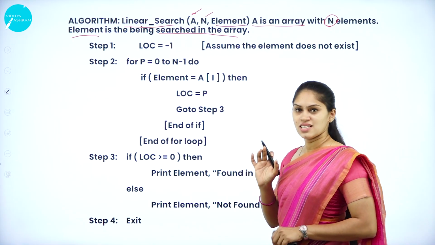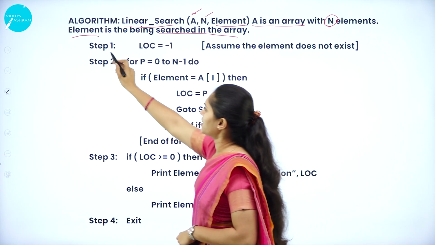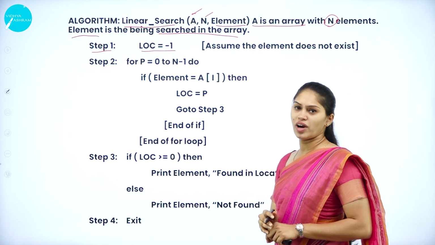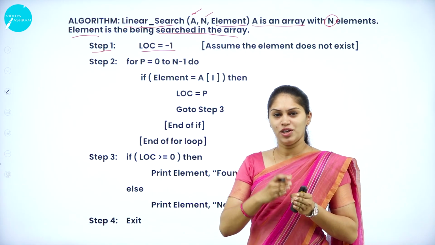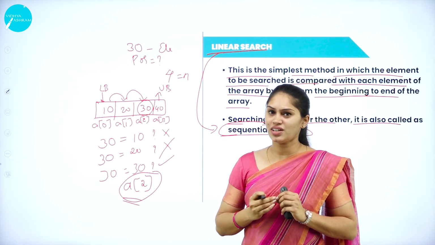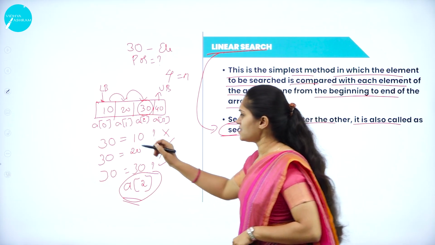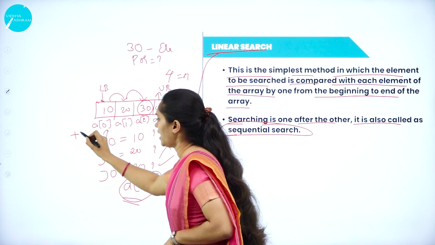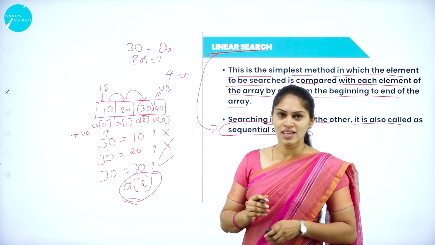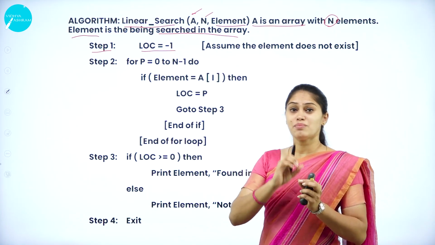We'll see the steps to understand linear search. In the first step, location is equal to -1. If you look at this example, what is the location of the first element? That is 0. So it must be a whole number. But here I am giving the location as -1.